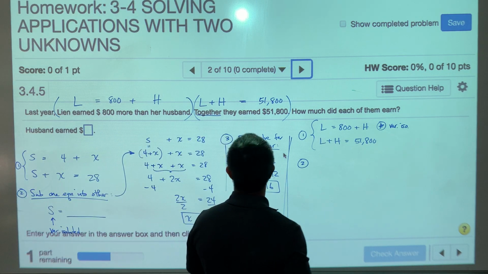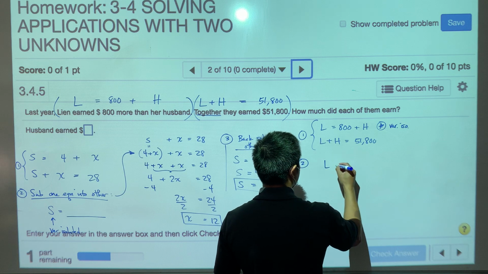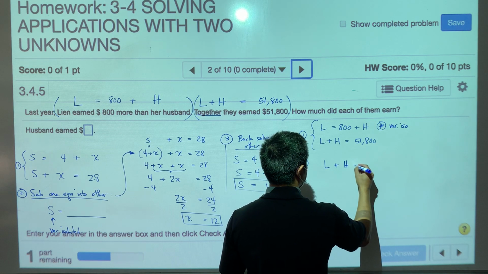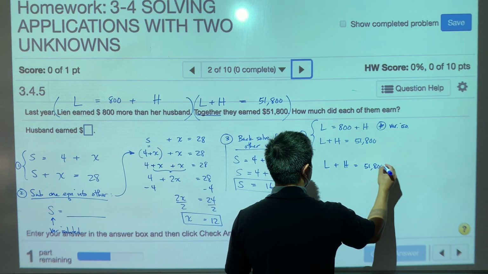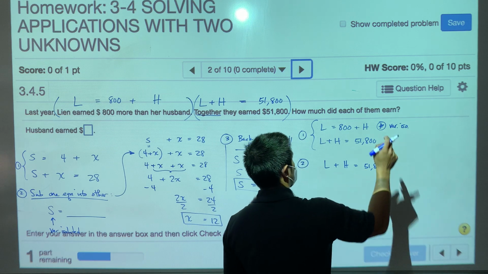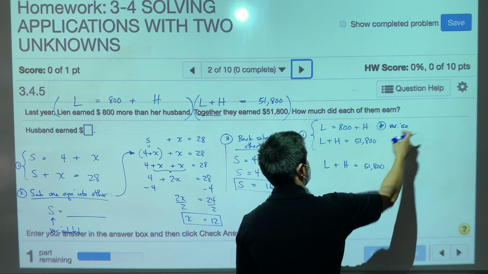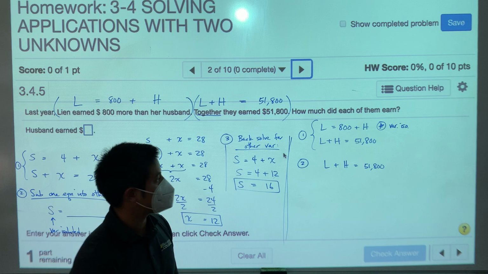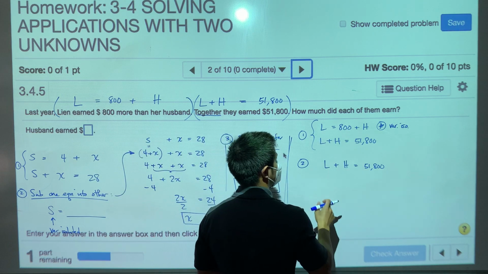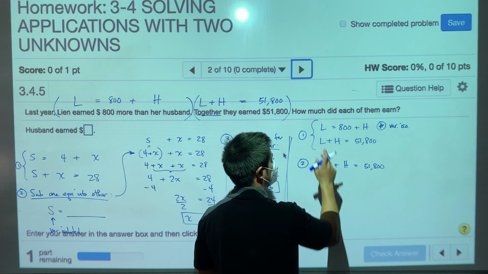So I know that my other equation is L plus H equals 51,800. And I'm going to take the equation where the variable was isolated that I just identified, and put that in and substitute it for whatever it's for.